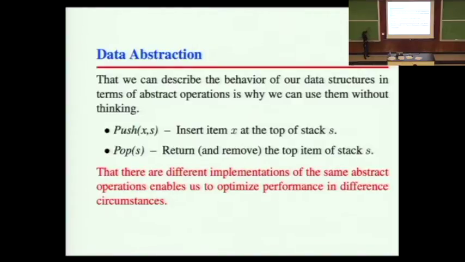You can push a new item on it, so you have a pile and you can add another item to it, or you can pop an item. Pop just means take the topmost item and return it. So this black box gives you two things you can do with it. You can insert an item, which just places it on the top, and you can pop an item, which just gives you whatever is the topmost item.